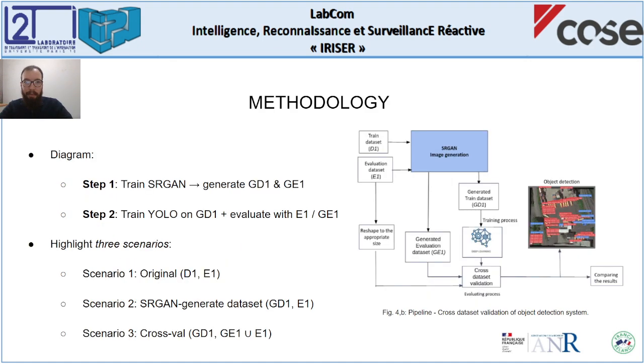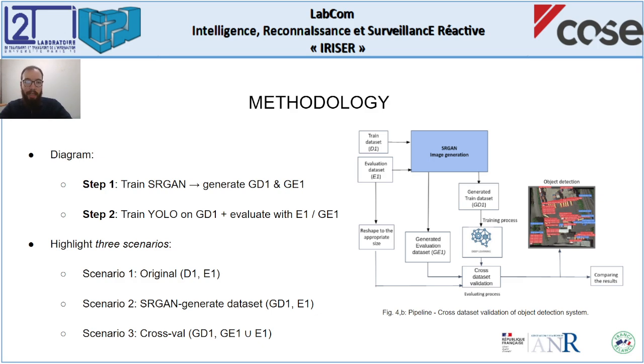The second step in the pipeline is, as in the previous slide, we can split it into different scenarios. The first one is when we use the original images to train and evaluate our models, and also to generate new images for training and evaluation.